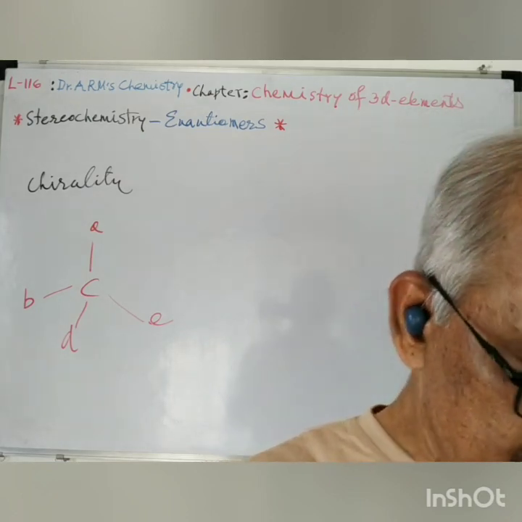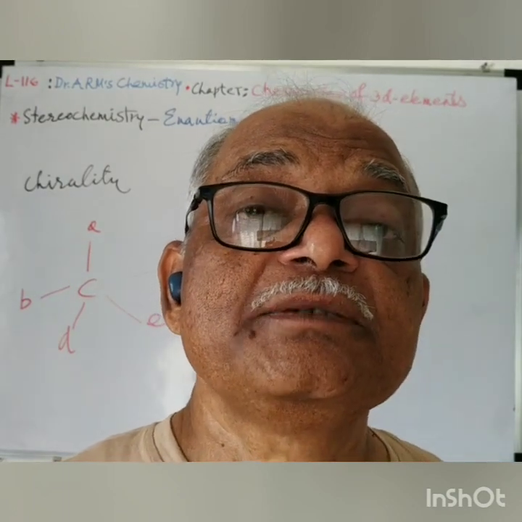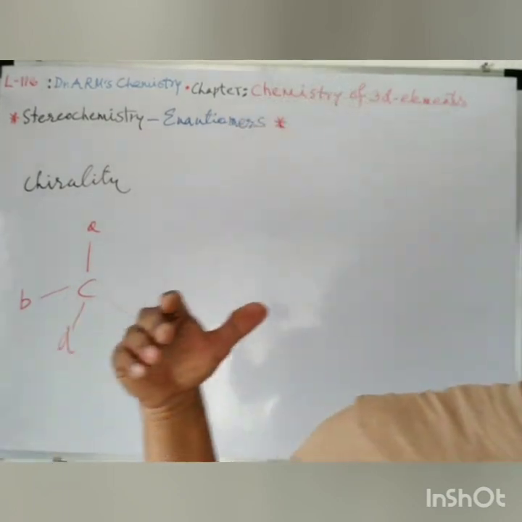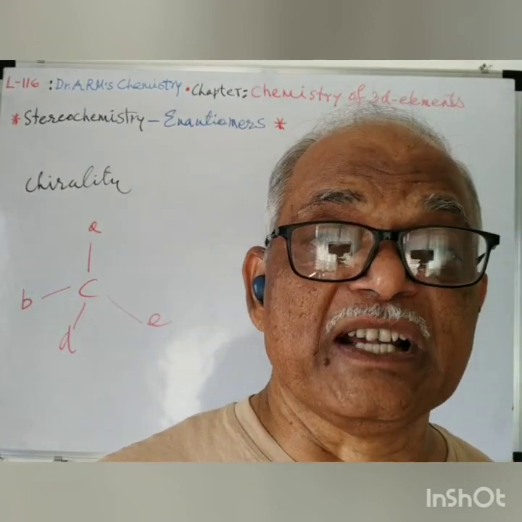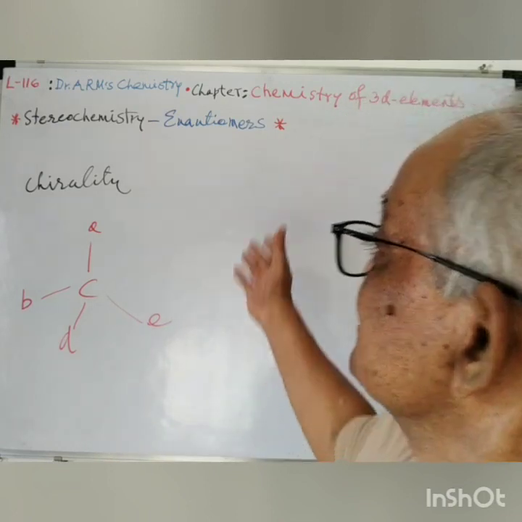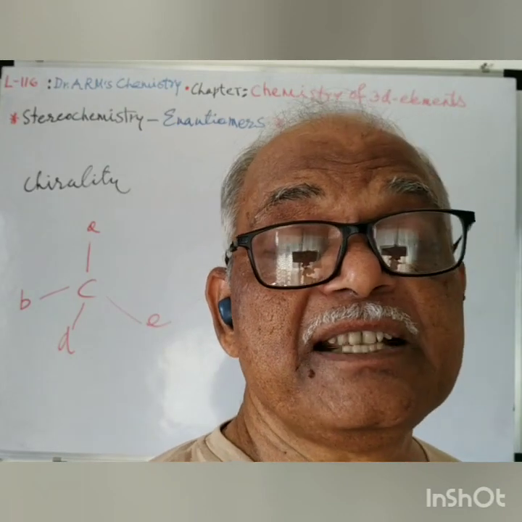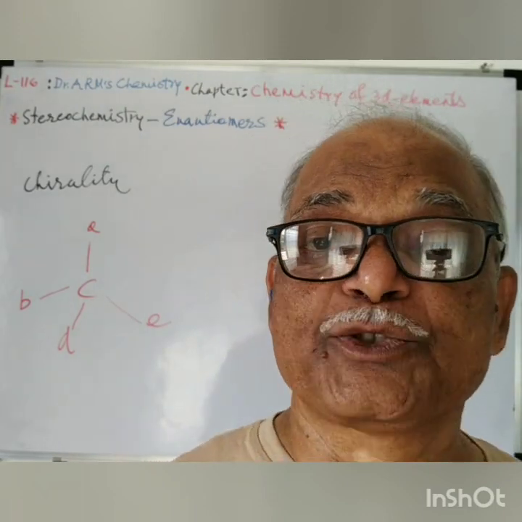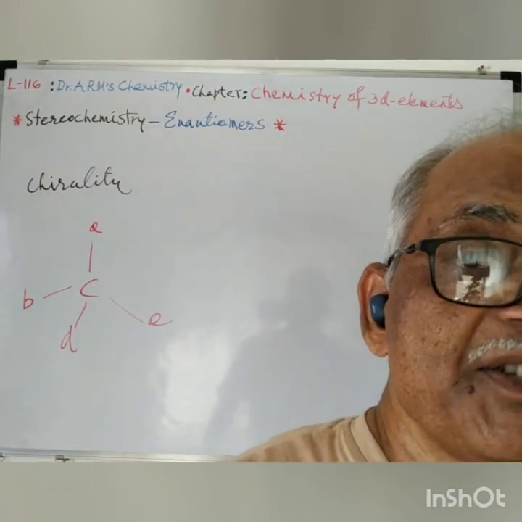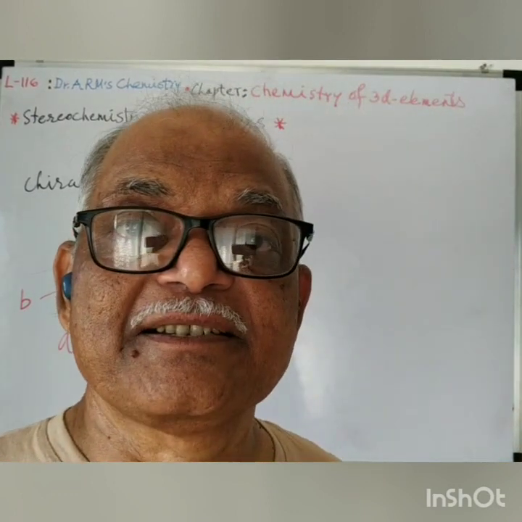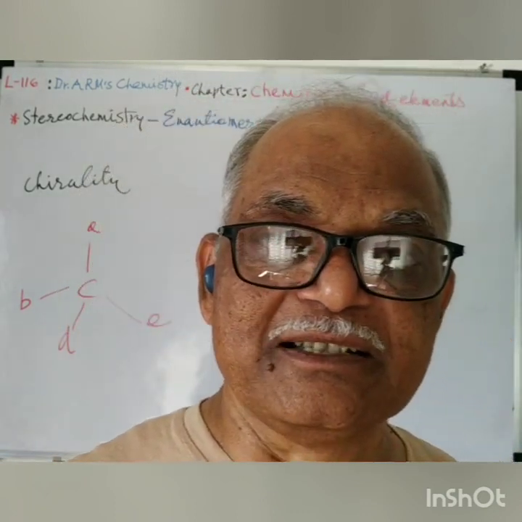Now, the isomers which are called enantiomers are called optical isomers, and they show a difference in their optical activity.